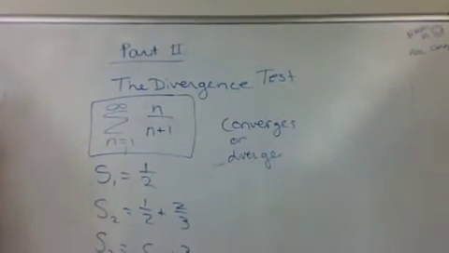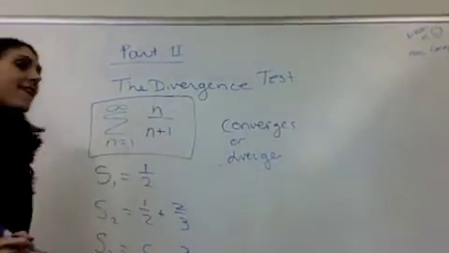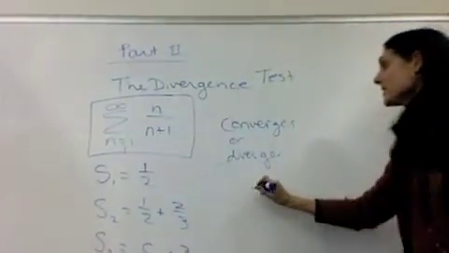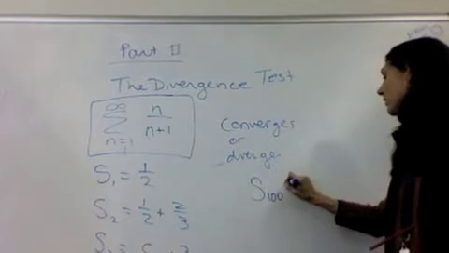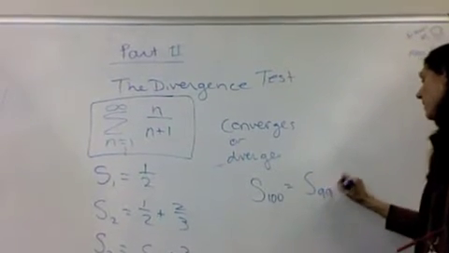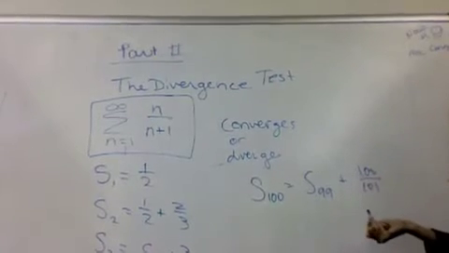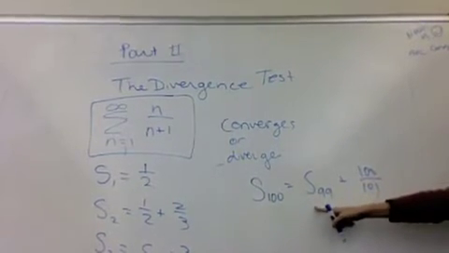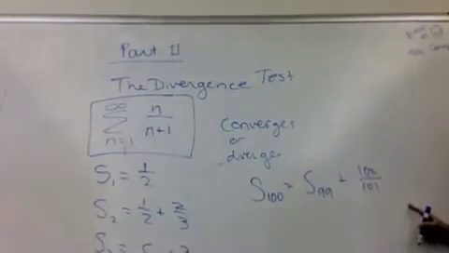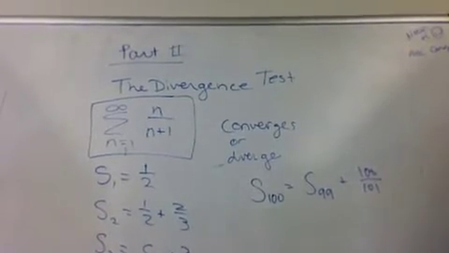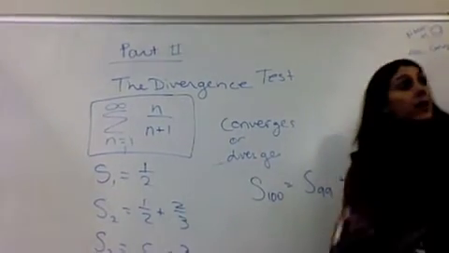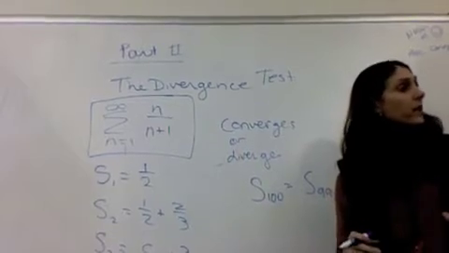Now, what happens when it's S100? Isn't that S99 plus 100 over 101? So do you see, I'm always taking the previous sum and adding almost 1. So I'm always growing bigger by 1. So this can never converge because you're always increasing.